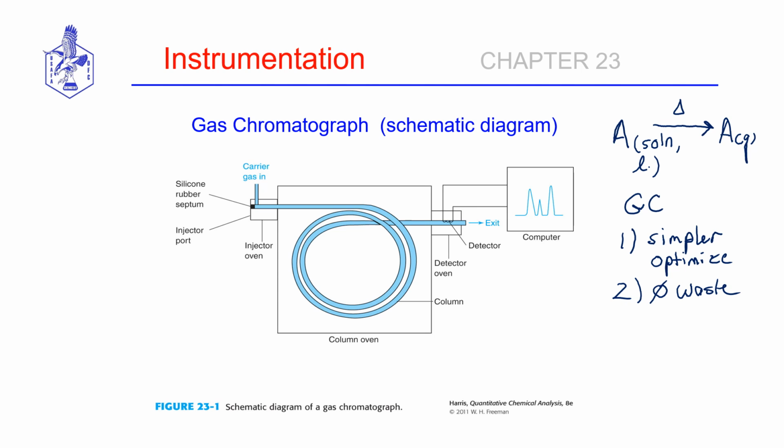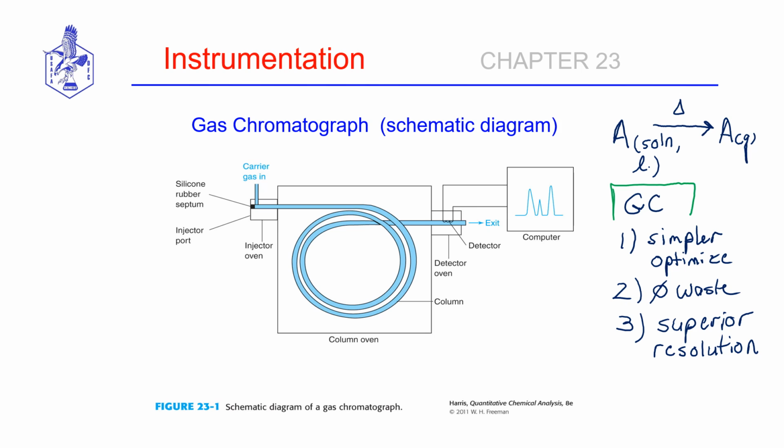And I guess there's three reasons. The third reason is superior resolution. We tend to get much narrower peaks. The band broadening when we do GC as opposed to LC is much less, and so it's much easier to get clean separation of our peaks within a reasonable time of analysis. So for those reasons, if you have a choice of GC versus HPLC, you most often are going to choose to do GC.